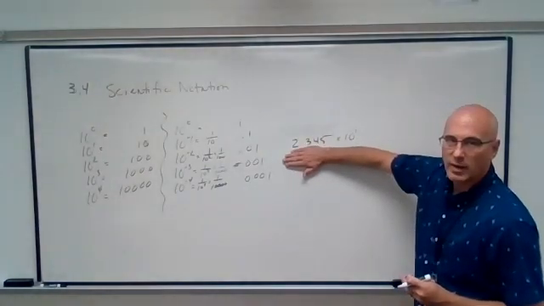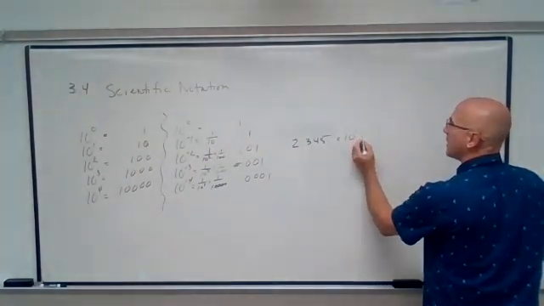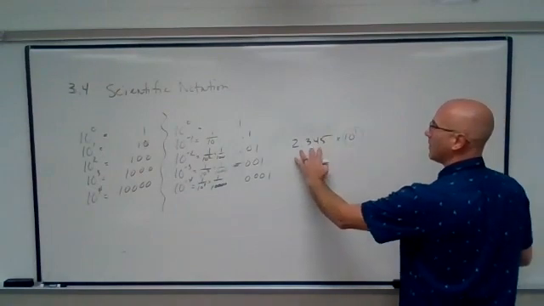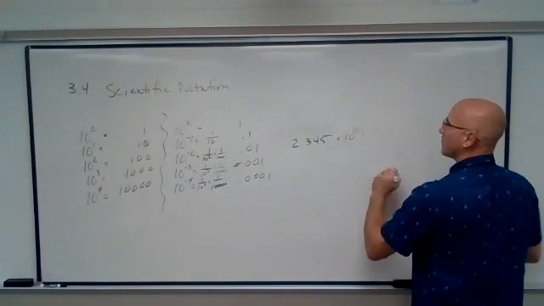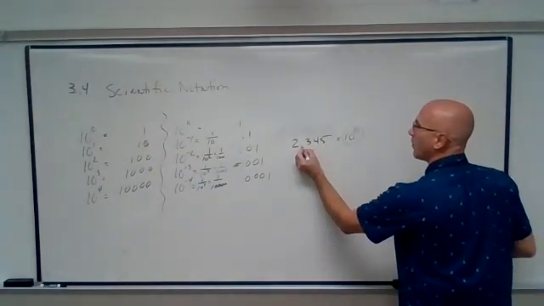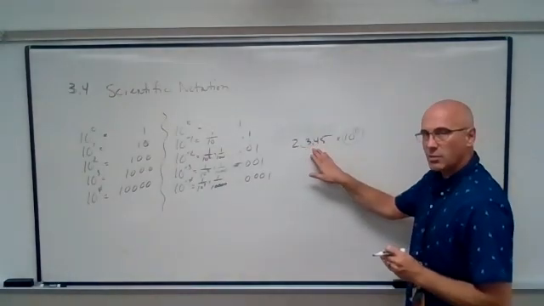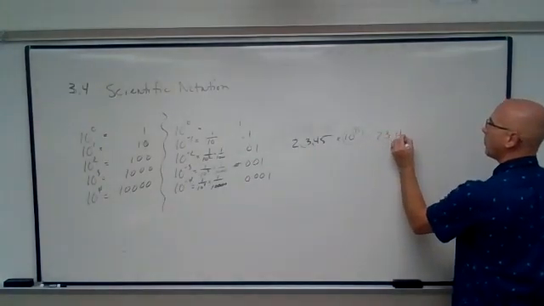A number between 1 and 10 times a power of 10. What this does is we are going to multiply this by this power of 10. This is 10 to the first, so we are multiplying this number times 10. We know that when we multiply by a power of 10, we move the decimal point to the right, one place. So I get 23.45.